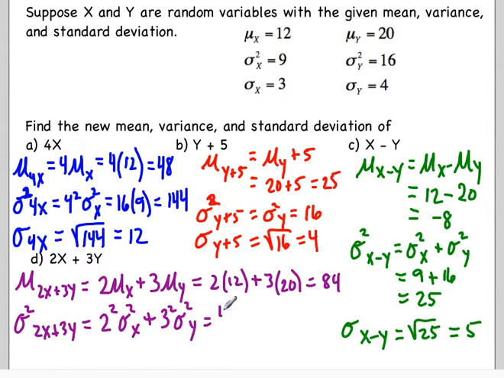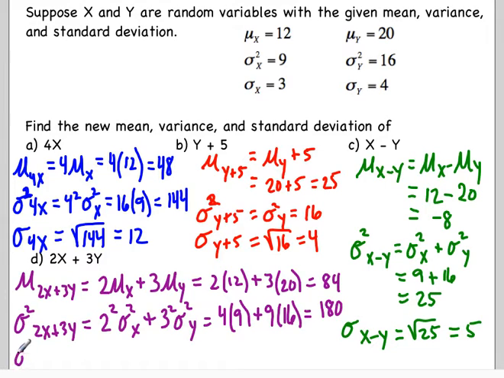So that's going to be 4 times the variance of x, which was 9, plus 9, because that's 3 squared, times the variance of y, which was 16. So 4 times 9 plus 9 times 16, we get 180.